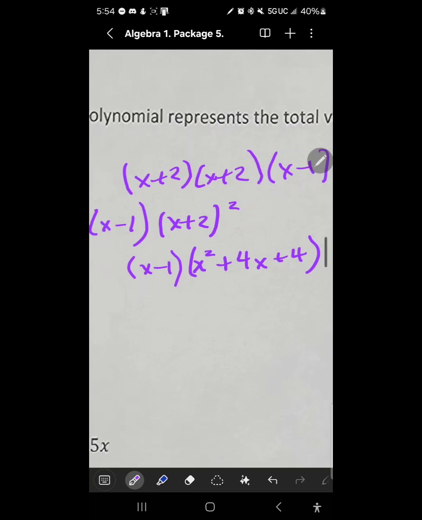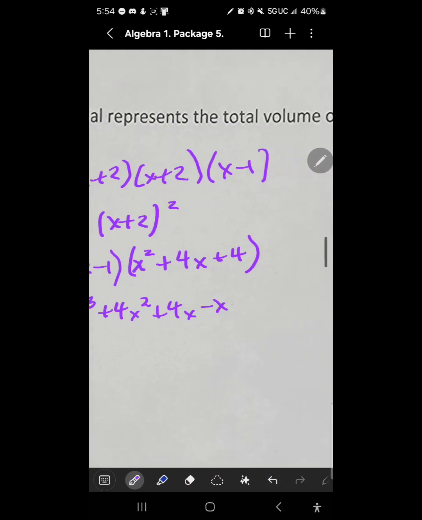Now I can start multiplying, so x times x squared is x cubed, plus 4x squared plus 4x, and then I start with this one, so minus x squared minus 4x minus 4.